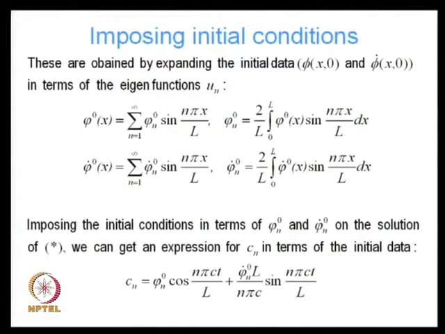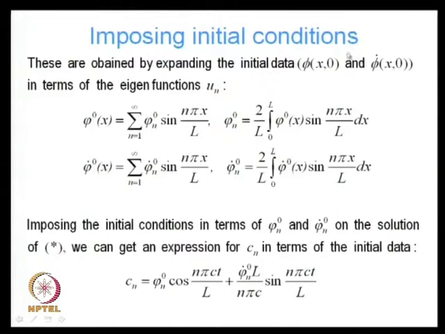So how do I get the initial conditions? Again, by expanding the initial data which I know, phi of x, 0 and phi dot of x, 0, in terms of the eigenfunctions. Since my eigenfunctions form a basis, I can expand any function in terms of the eigenfunctions.